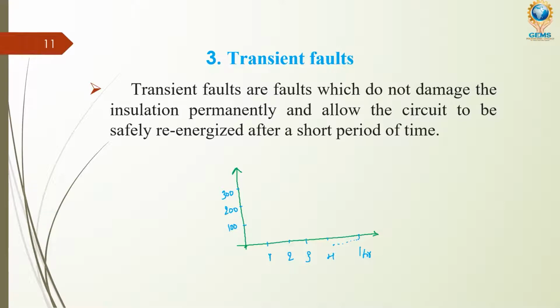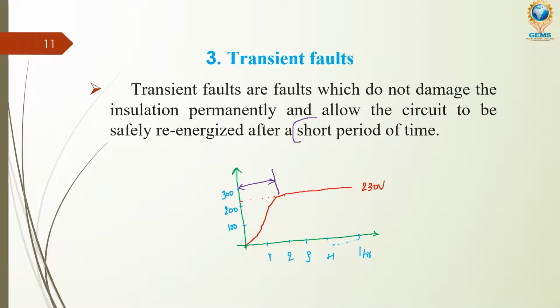At the first second the voltage will reach here, at the second the voltage will reach here, and if I am taking this as a single phase generator, the voltage is constantly 230 volts. This time we will say transient time. Transient means it will be there for a short period of time.